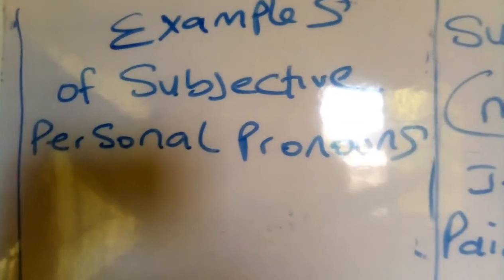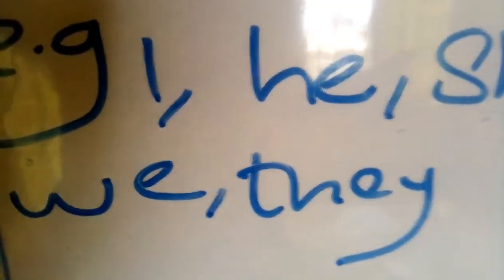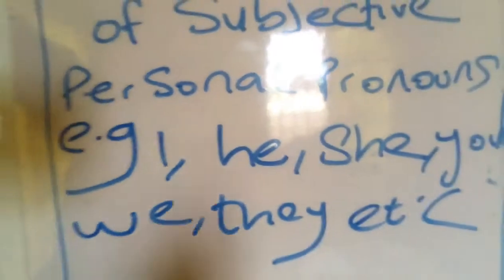Examples of subjective personal pronoun: we have I, he, she, you, we, they, etc. I, he, she, you, we, they.